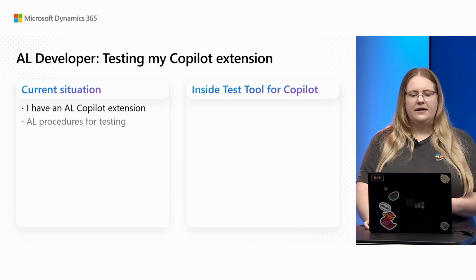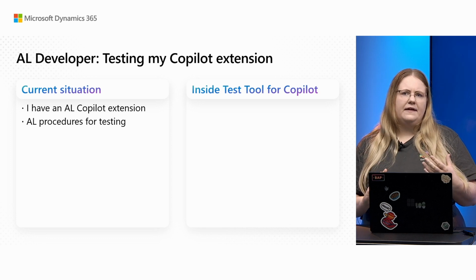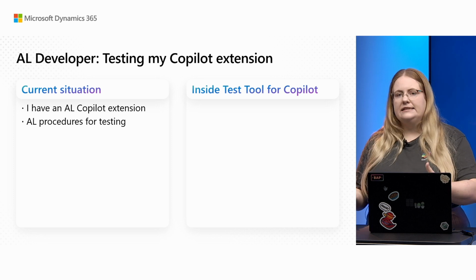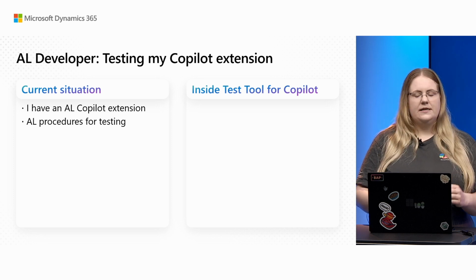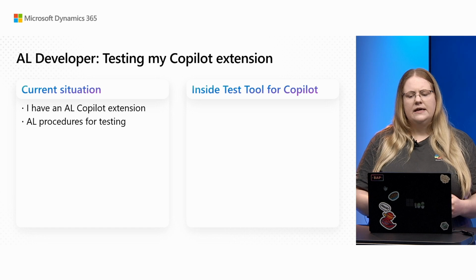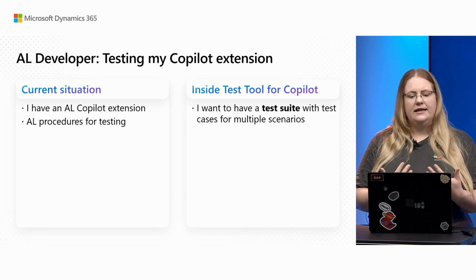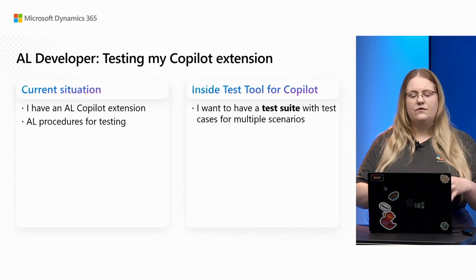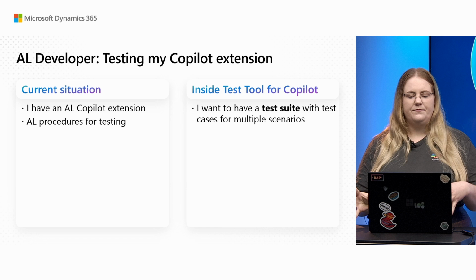Absolutely. Let's look at the Copilot Test Toolkit from an AL developer perspective. Let's say I'm an AL developer and I have an AL Copilot extension. I have also coded it in a way that I have AL procedures available for testing, for example, to access the generative function so I can test what Copilot produces. Then inside the Copilot Test Toolkit, I want to have a test suite where I can gather the test cases for multiple scenarios for the feature.